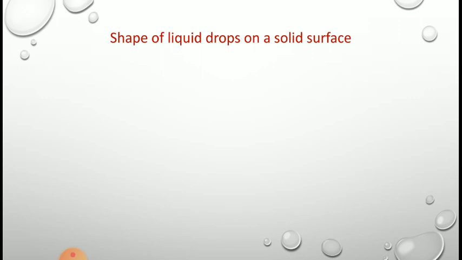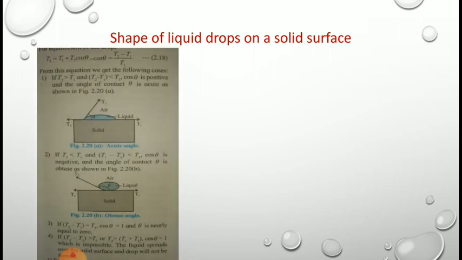Now we will discuss the shape of liquid drops on a solid surface. For that, we consider this diagram. When a small amount of liquid is dropped on a plain solid surface, the liquid will either spread on the surface or will form droplets on the surface.